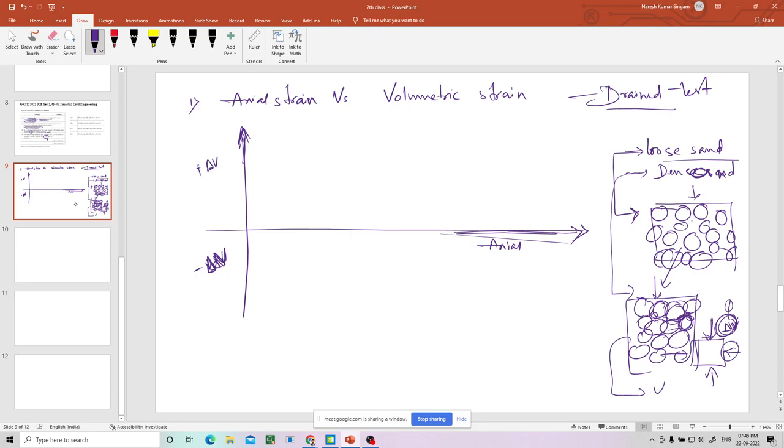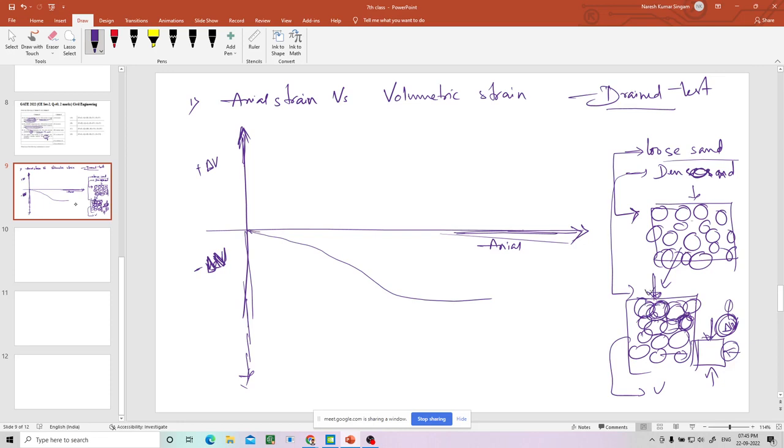So how can we draw this now? For the loose sand, volume will decrease, so loose sand may behave like this. Whereas for dense sand, initially, for some time, the volume tries to decrease, but after that, when they readjust and roll over each other, the volume will increase.